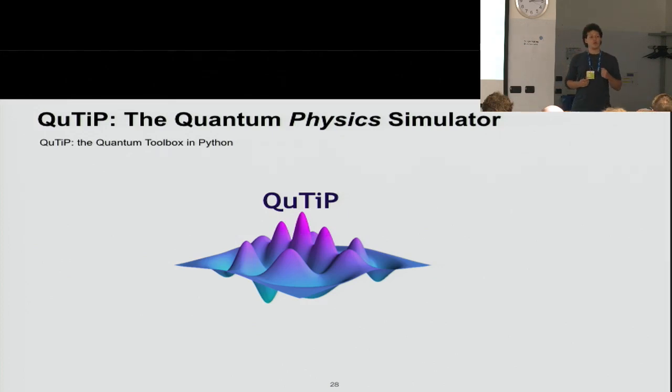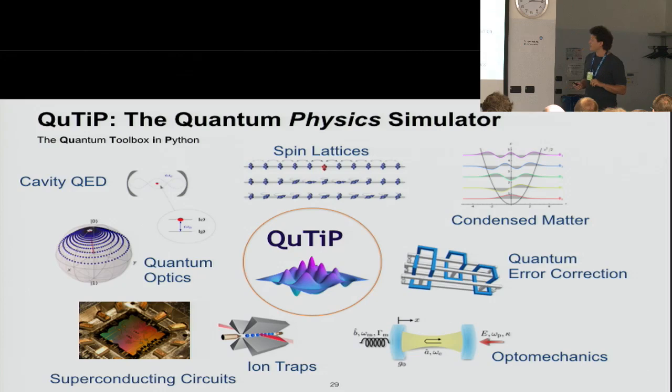QuTiP is able to do this, to simulate these quantum algorithms, but also gives specific insight on the physics that governs these machines. And why is that? Because there is an effort into explaining how noise affects quantum coherence and quantum computation. So these are just some of the many applications for which QuTiP is currently used.